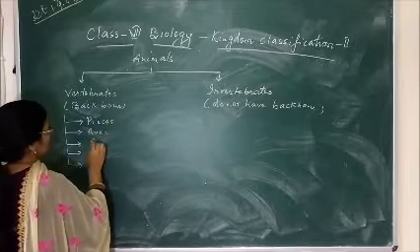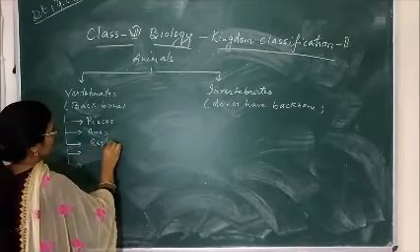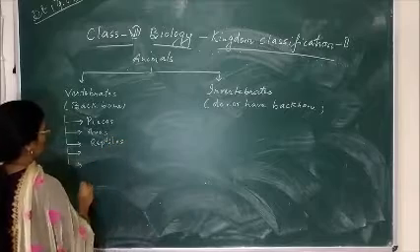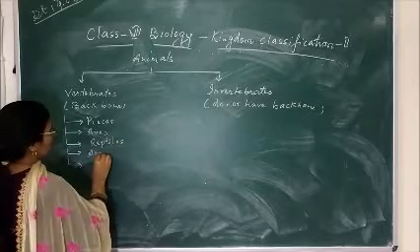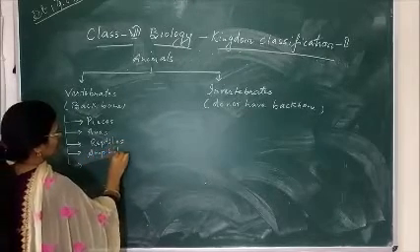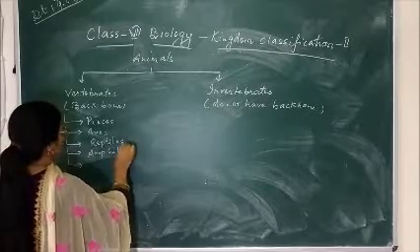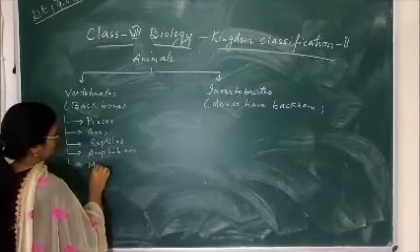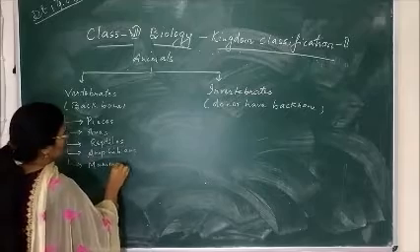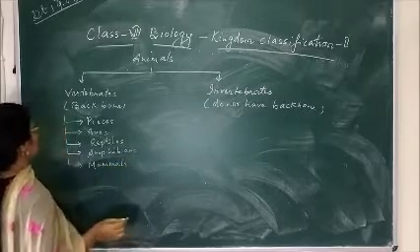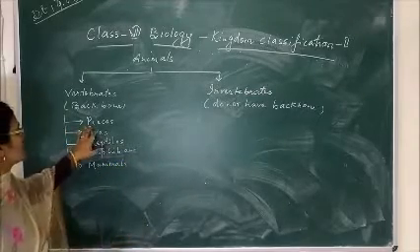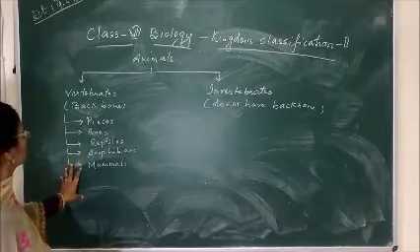Third, reptiles. Fourth one is called amphibians. And fifth one is called mammals. So let's describe in detail the different features of these groups.